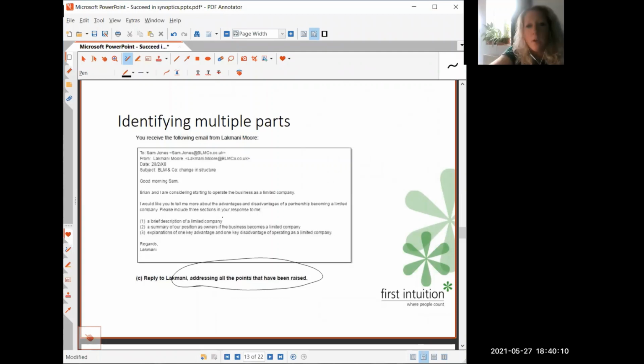You need to give a brief description of the company, a summary of the position as owners of the business as it becomes a limited company, and explanations of 1 key advantage and 1 key disadvantage of operating as a limited company. So actually, there are 4 things that you need to address in your reply here.